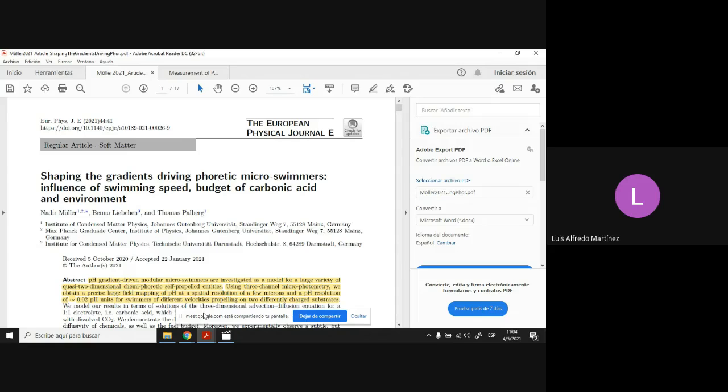In this work, the phoretic propulsion generated by ion exchange and the monitoring of swimmer propulsion are made by tracking the concentration of carbonic acid via high resolution pH imaging.